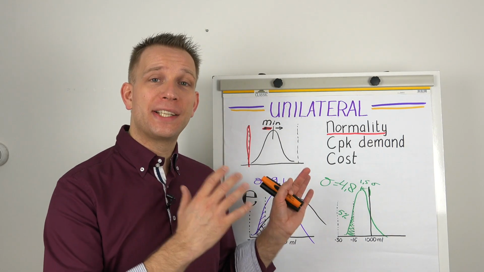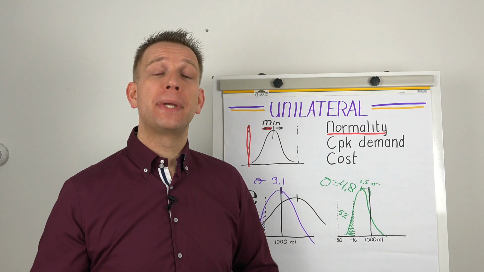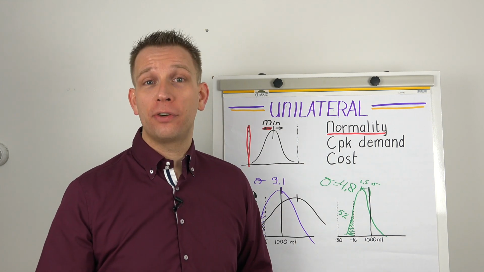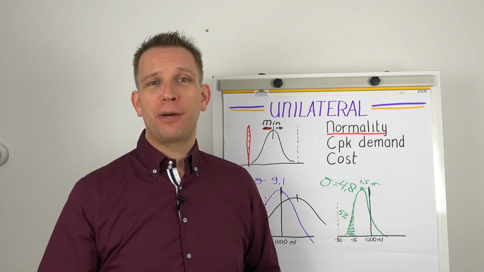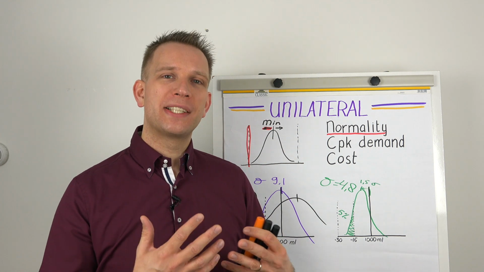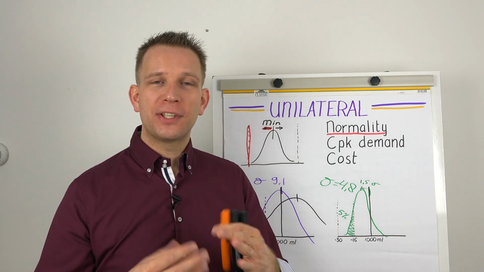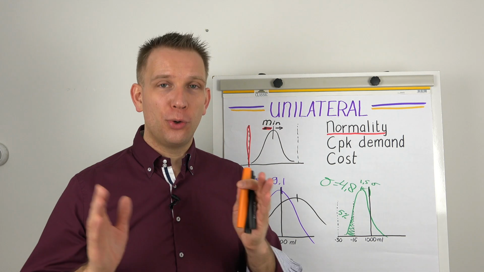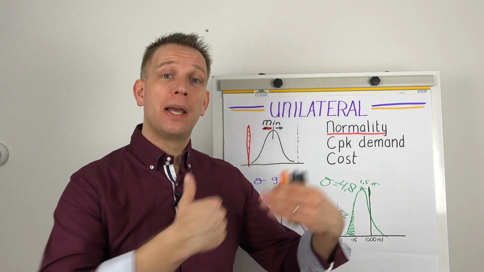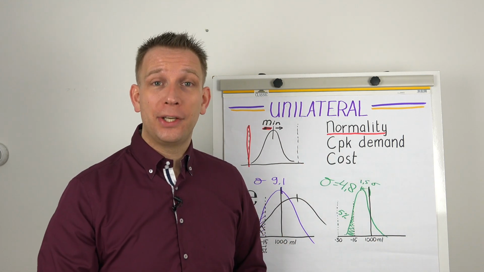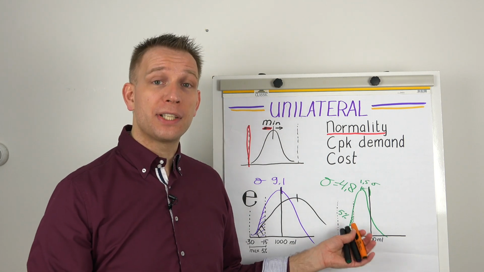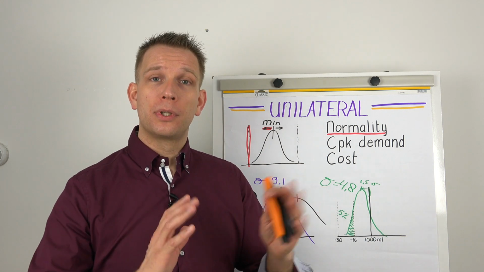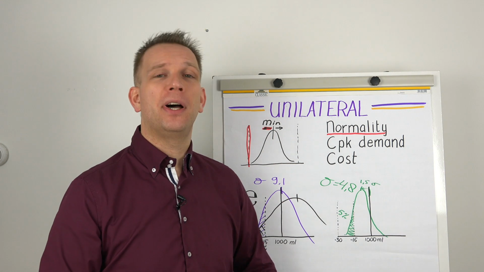Now I hope that this clarified how to use CPK when you have unilateral tolerances, and also that this example got you thinking a bit about ways that we can translate customer demands that are not always in CPK or specifically our process metrics into a metric that we can use, because this actually is very translatable when you check the percentages that they demand.